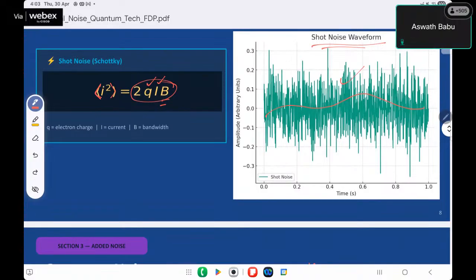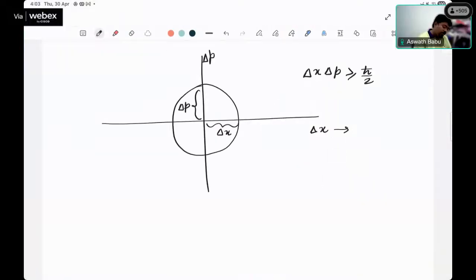I measure this quantity q into I into b several times, and that I represent as shot noise. It's called Schottky noise. Now coming back to discussing the quantum errors.